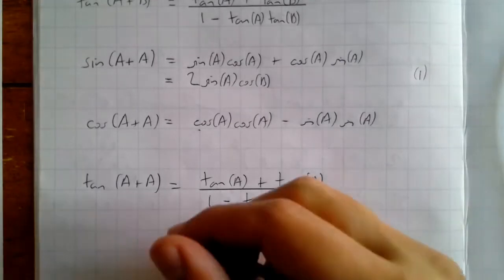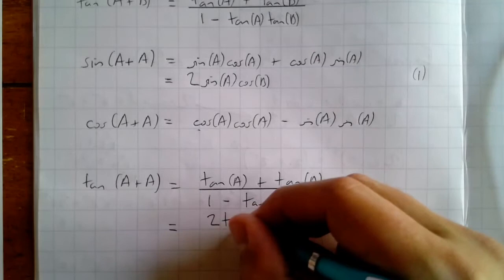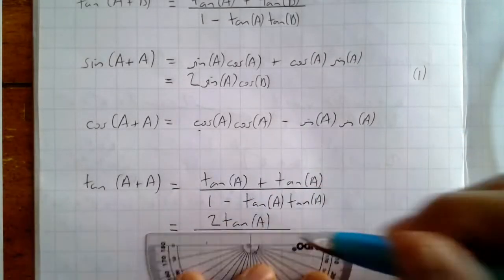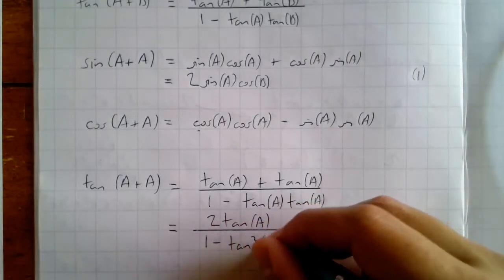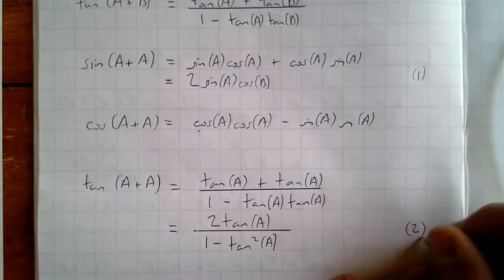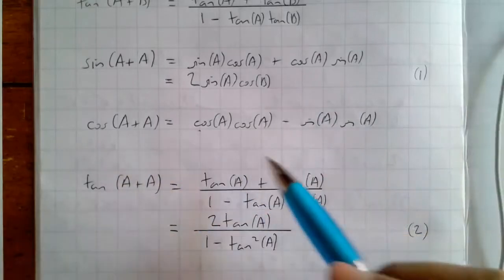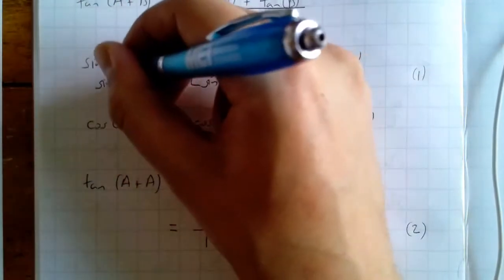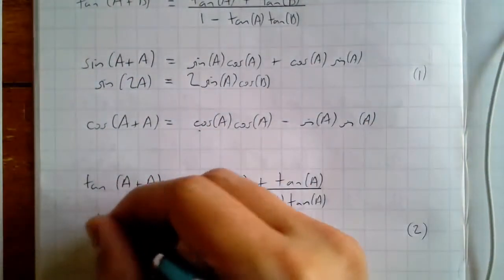Also with the tan one, you get 2 tan A over 1 minus tan squared A. Let's call that number 2 for now. So you get sine 2A equals this, and tan 2A equals this.